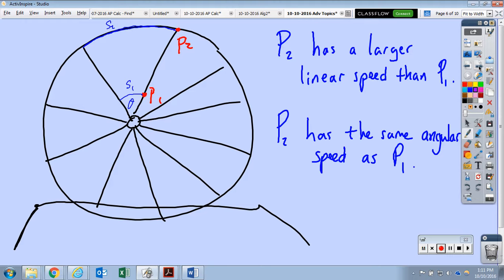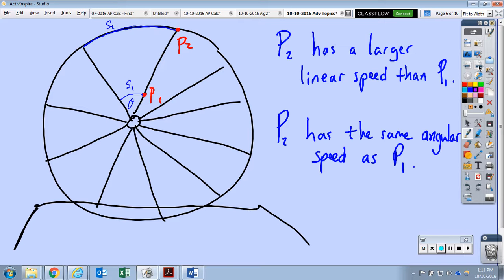No matter how I rotate this, the outer point will have a faster linear speed than the inner point, because they're always in line and this distance is greater than this distance.